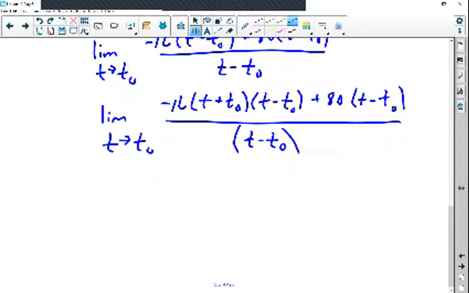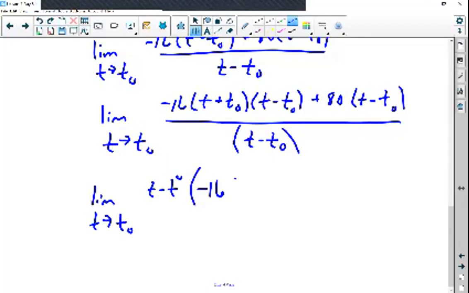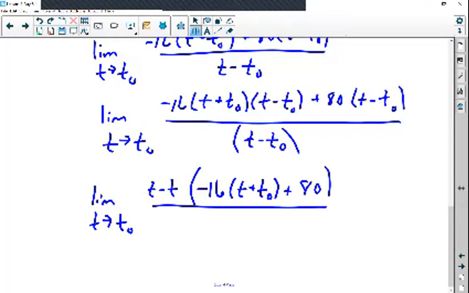Now, there's a common factor of t minus t sub 0 in both terms in the numerator. And that's going to be very helpful. So I'm going to factor that out. Sub 0, not superscript 0.